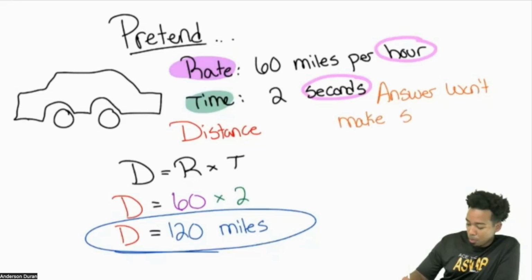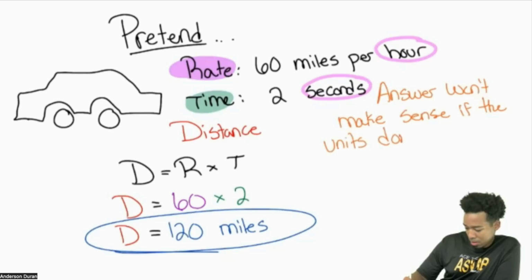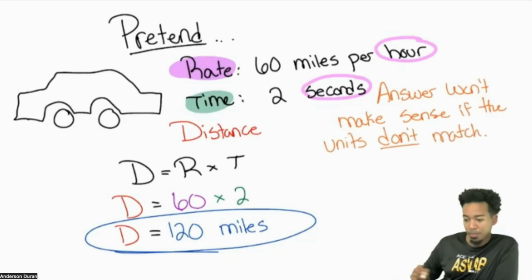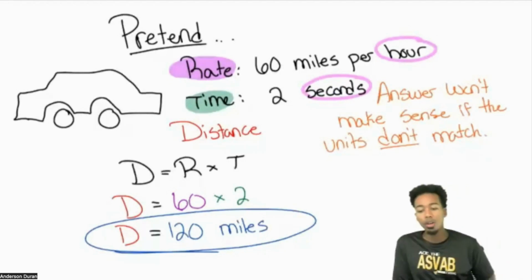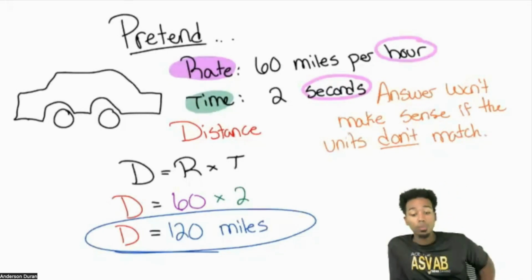The answers won't make sense if the units don't line up. I want everybody to understand that, okay? This will not make sense unless you make sure the units are the same.